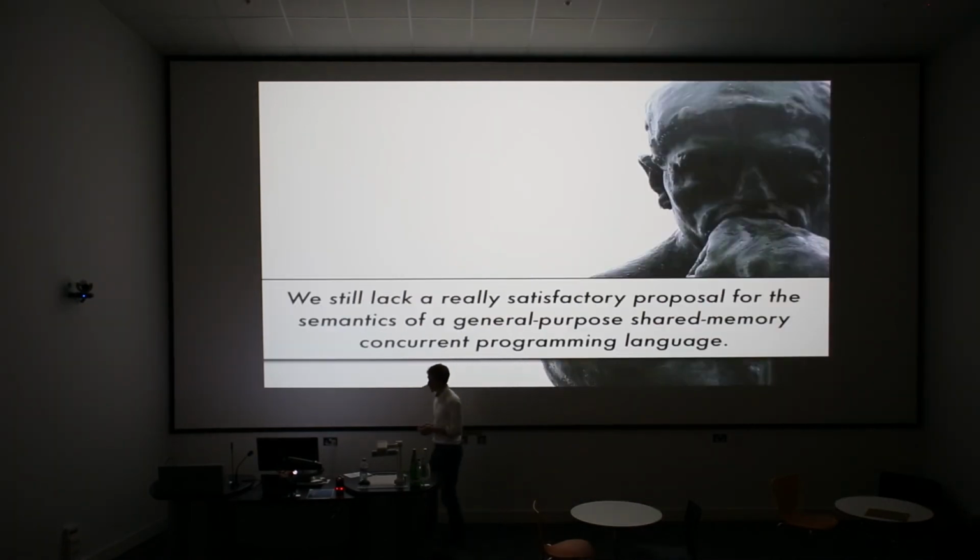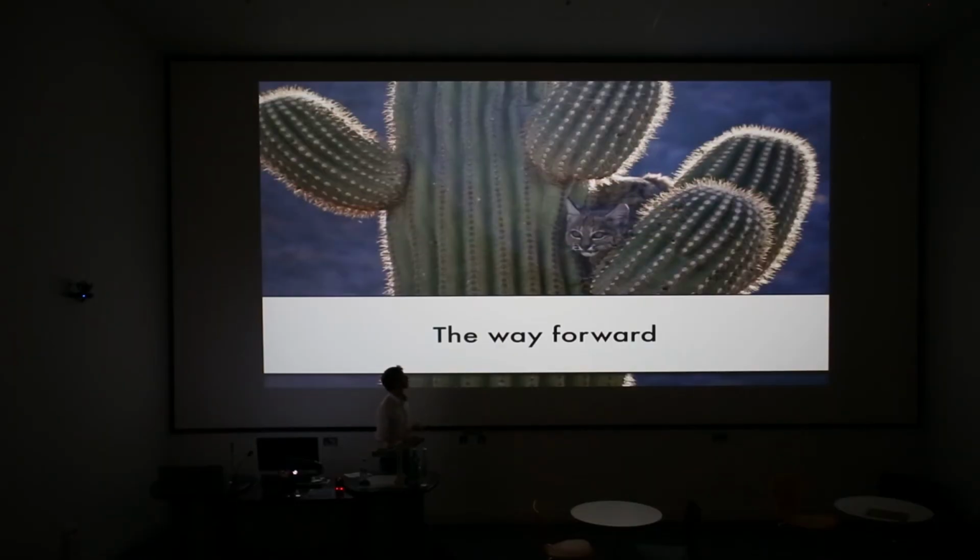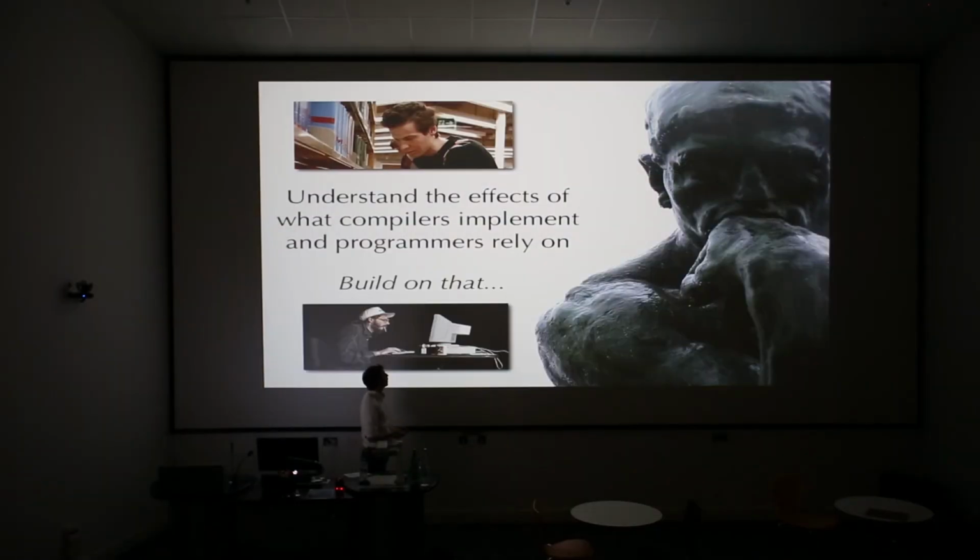So, it's a bit sad, the fact that we still lack a really satisfactory proposal. Okay, C11 was a big step forward, still unsatisfying in some respects. And so what's the way forward? Well, this is very tentative, but I do believe that what is needed is to understand the actual effects of what compilers implement and what programmers rely on.